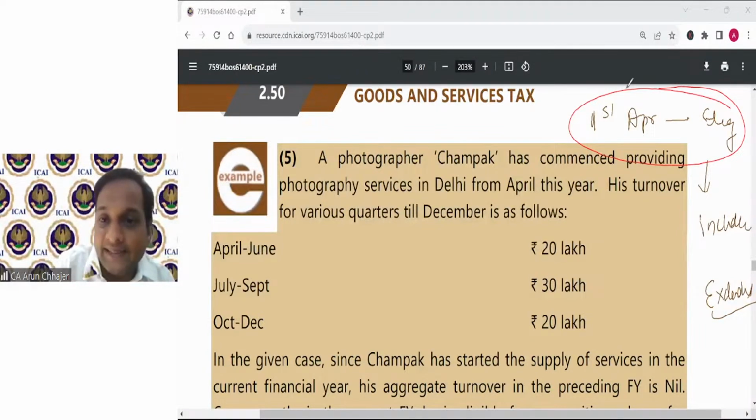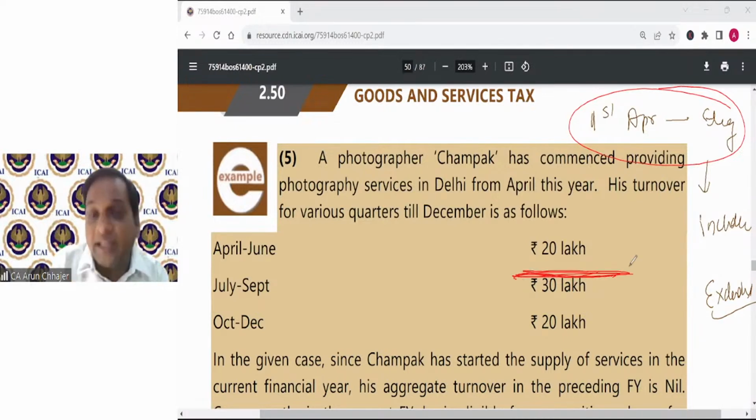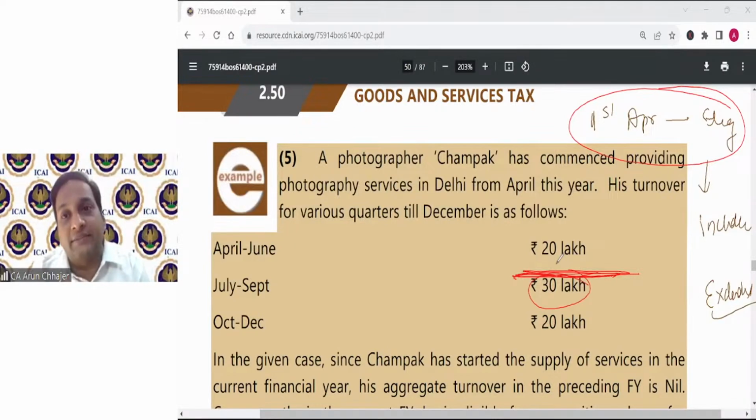So, in this case, he has taken the registration after 20 lakhs. So, when he decided to pay the tax, he has to pay the tax only on 30 lakhs. He will not pay the tax on 20 lakh because prior to the eligibility, but the turnover of the current financial year will not be added as per explanation 2.